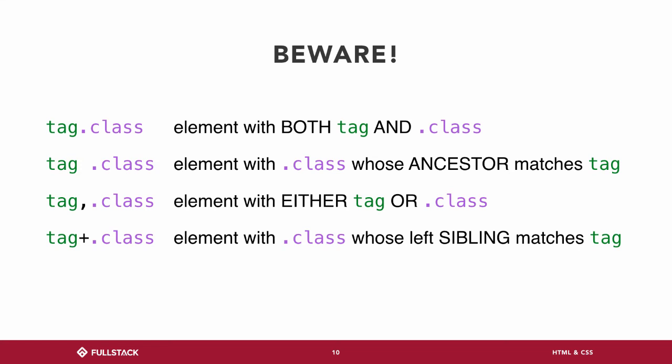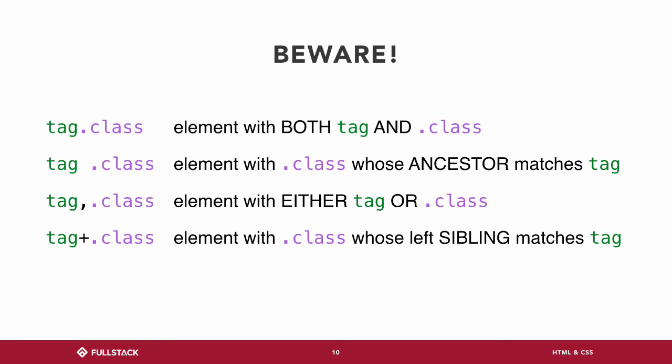So again, an example that we sort of think about here, if we had div plus dot title, right? We'd have to have an element with the class of title, which was directly next to our tag. So again, these are all things that you could probably demonstrate a little bit easier by example.